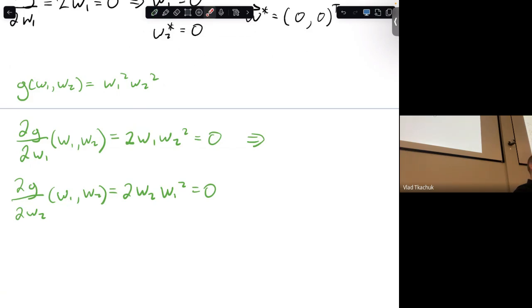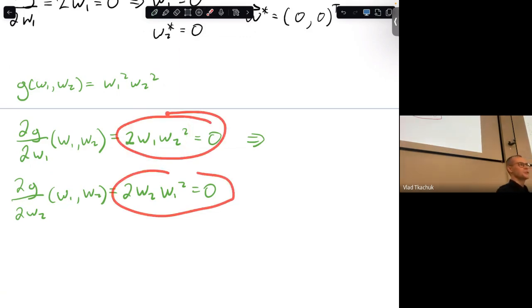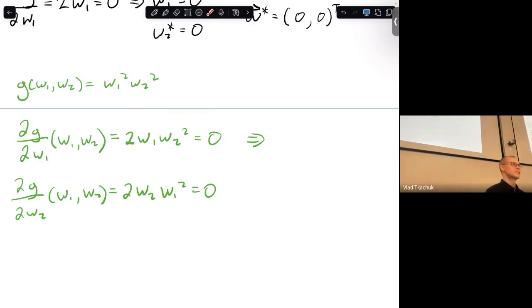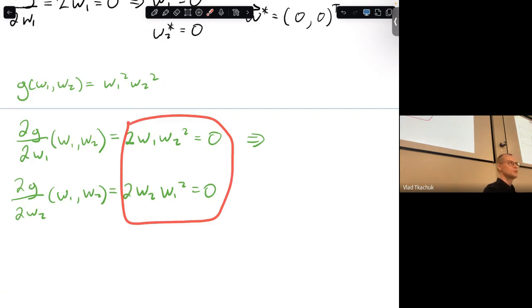Okay, well, I can't think of something great on the spot, but the point of the story is that in general, you can get relationships like this. You'll get this system of equations, and you're going to have to rearrange terms to solve for W1 first, and then rearrange again to solve for W2, and so on. And since there are two variables, W1 and W2, and you have a system of two equations, you can actually solve for those variables.